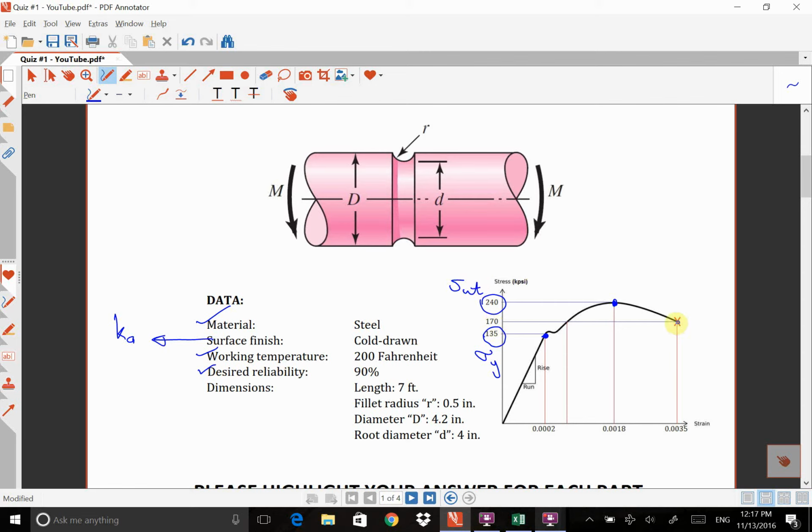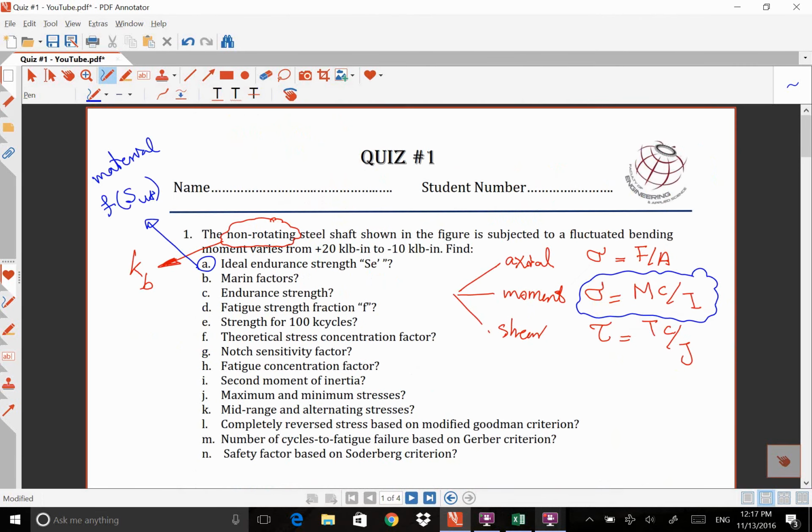And finally, this point, that's the fracture, or if it was a brittle material, that was brittle. The same point, but it is called in two different ways. Okay, so these two pieces of information are important for us. So we can get Sut from the graph, we can apply that one, and we can find Se prime. So 1 point for that one.